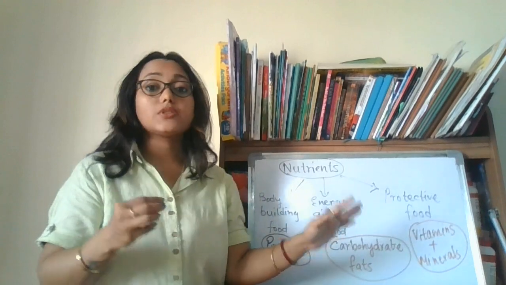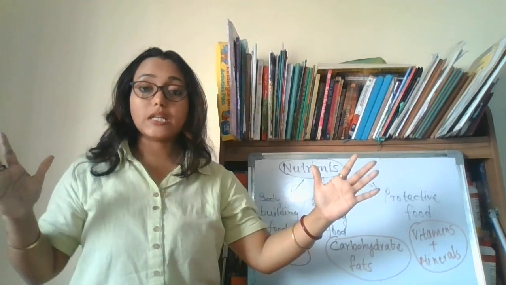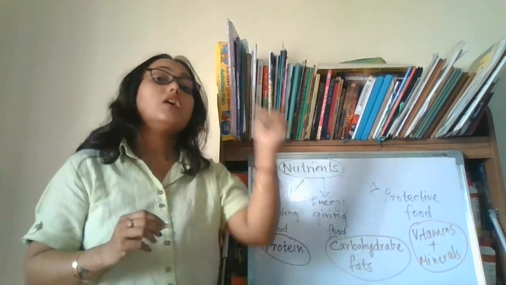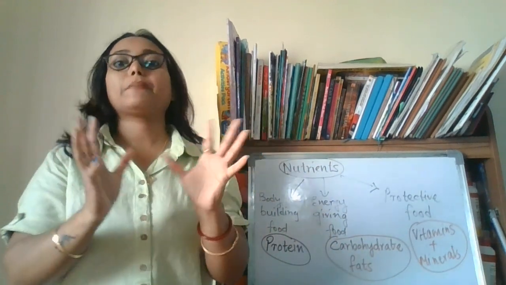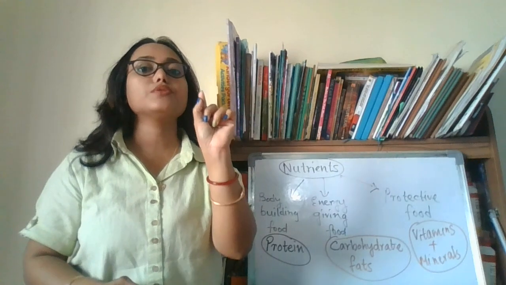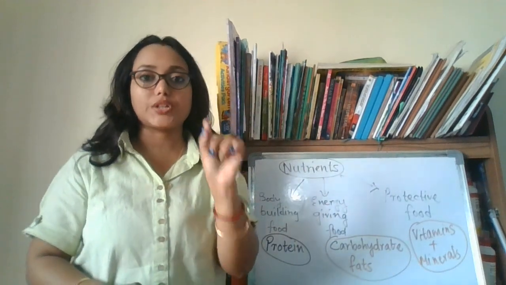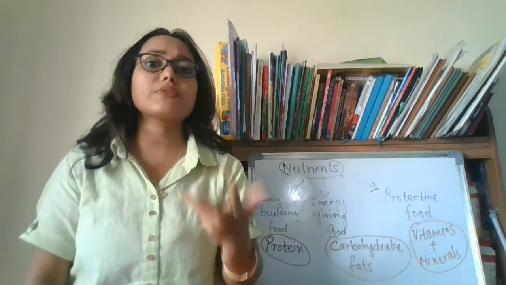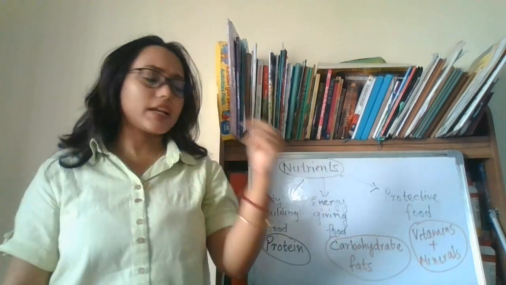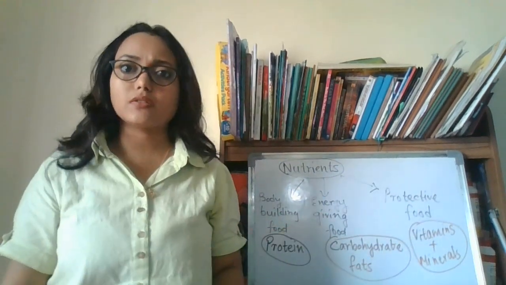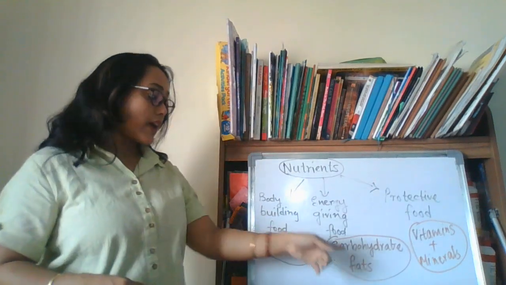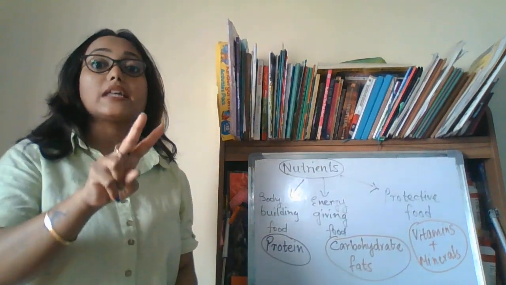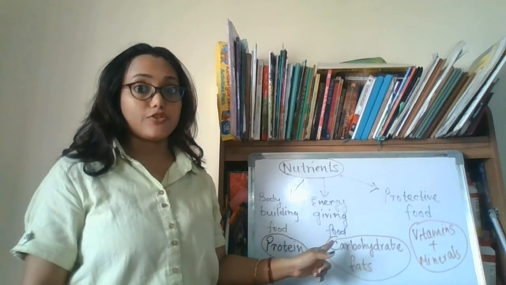Carbohydrate we should take in more quantity and fats in very small quantity, right? In a plate of rice, we just take a teaspoonful of butter or ghee. What is the reason for that? Why should we take less fat and more carbohydrate? Both are energy giving, but fats give us almost twice the energy of carbohydrate.